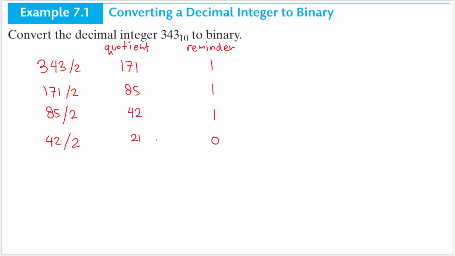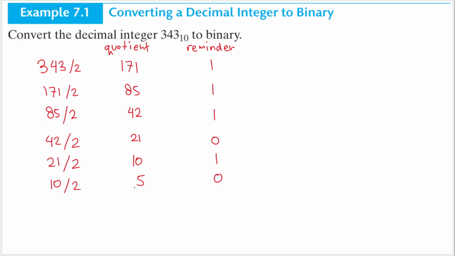Now I will have 21 here, and we need to divide it by 2. I think the answer is 10, because 10 multiplied by 2 is 20. We have 1 as the remainder here. Now let's put this 10 here and divide it by 2. That will be 5, with no remainder because 5 multiplied by 2 is exactly 10.